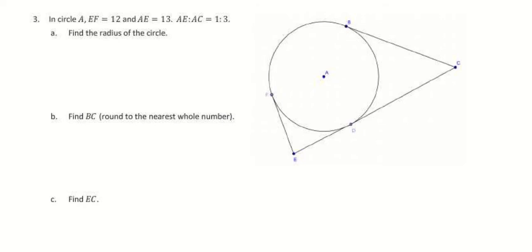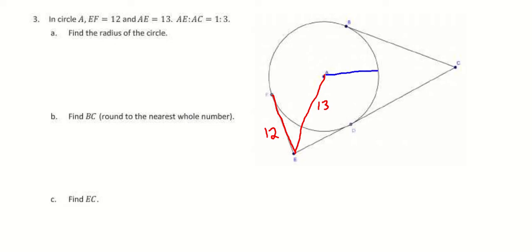All right, EF is 12, so it looks like that's this line right here. That's 12. AE, which is this line right here, is 13. And it says the length of AE to AC is 1 to 3.